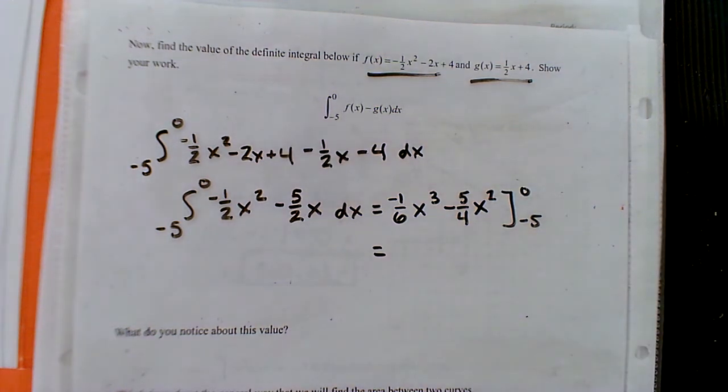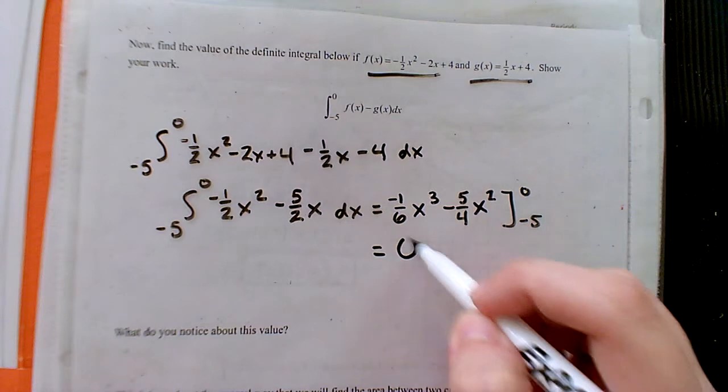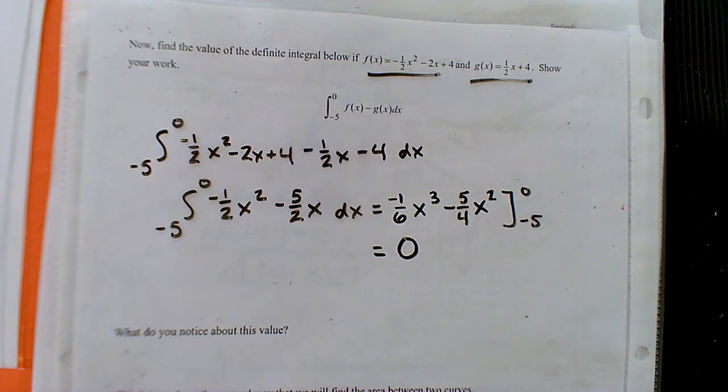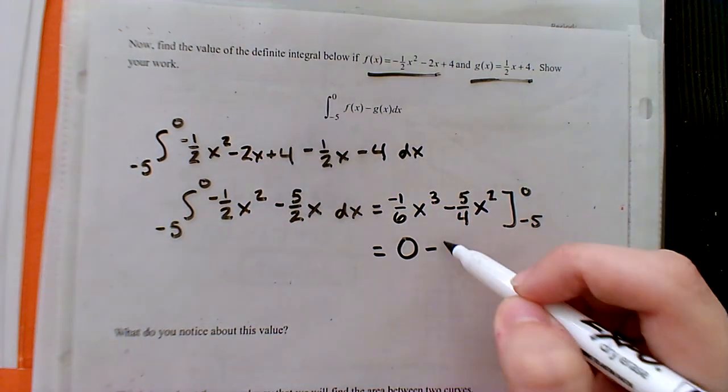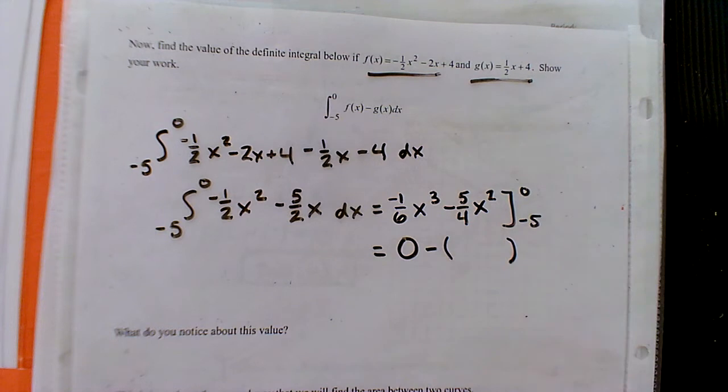First fundamental theorem, top minus bottom. We plug in 0, no big deal. Everything's going to be 0. Subtract what we get when we plug in -5. Go ahead, use your calculator.